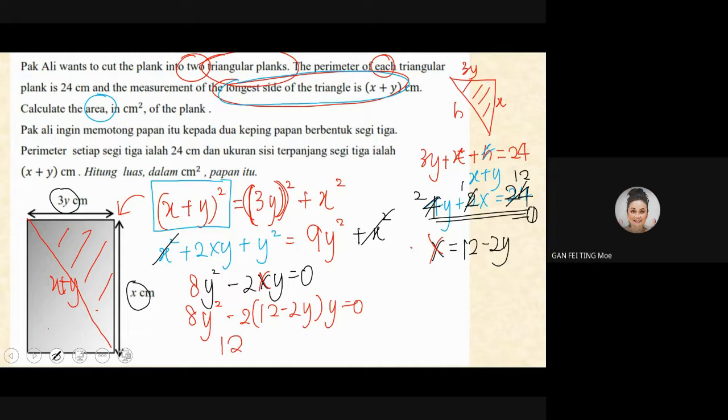You will get 12y squared. Searching, what do you get? Check my answer. Minus 12x squared minus how much? What do you get? Minus? Where's the answer?